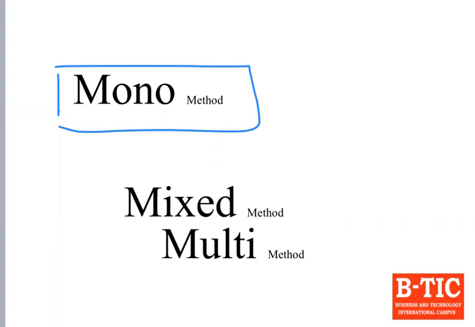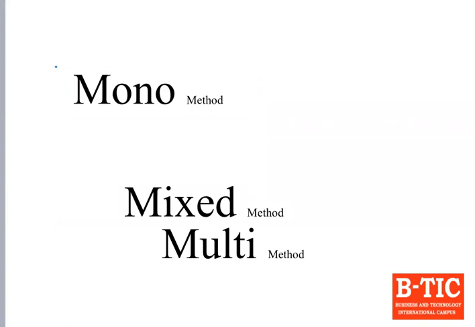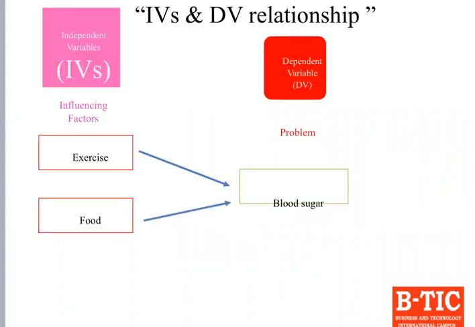When I'm saying mixed method, there are many factors. You might have 3 factors and one problem. You always have one problem to study at a time anyway. So let me take that one. Now here, the mixed method is this: you measure blood sugar in numbers, right? Numeric.